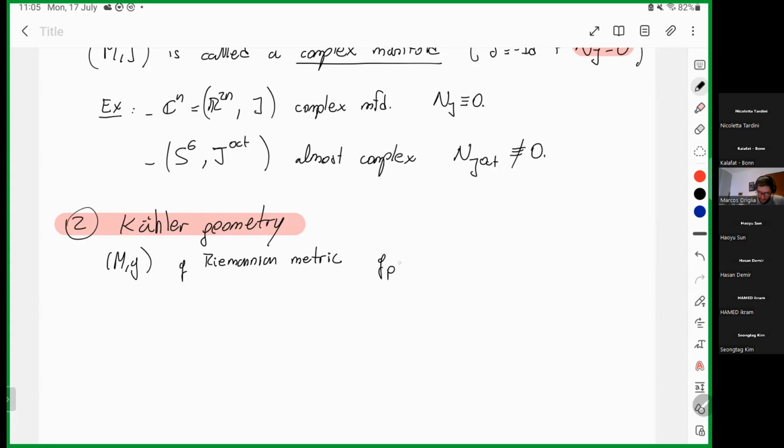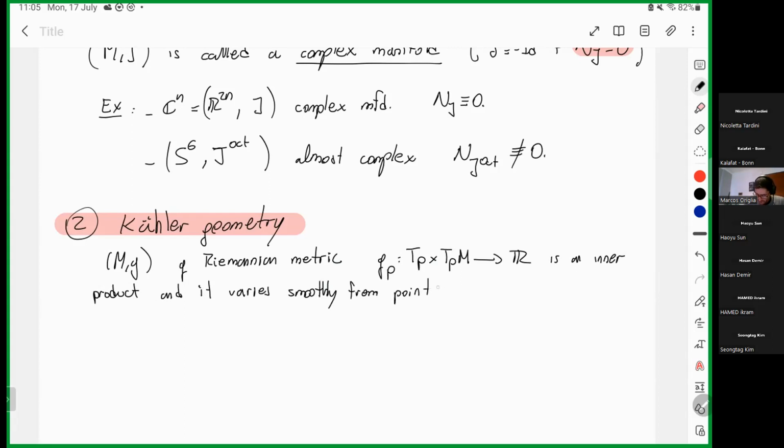This just means that for each point p of our manifold, g_p goes from T_pM times T_pM to R. It's an inner product, and it varies smoothly from point to point. That's a Riemannian metric.